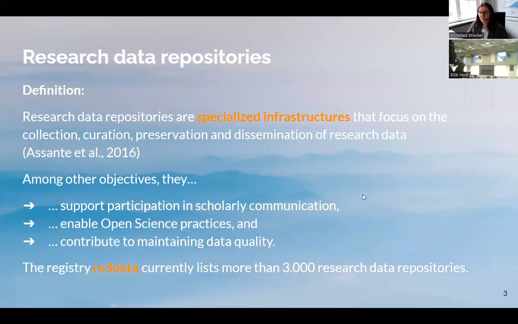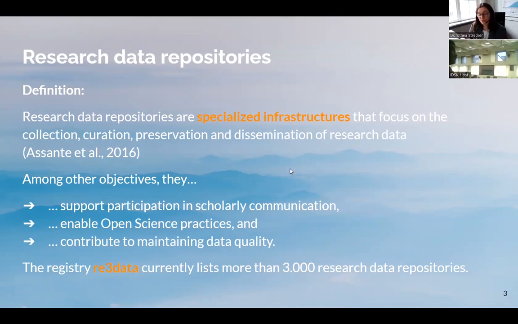So I want to briefly start with a quick definition of research data repositories. They are basically just specialized infrastructures that focus on the collection, curation, preservation, and dissemination of research data. So they provide specialized services that cater to research data from their creation to eventually publishing or preserving them.